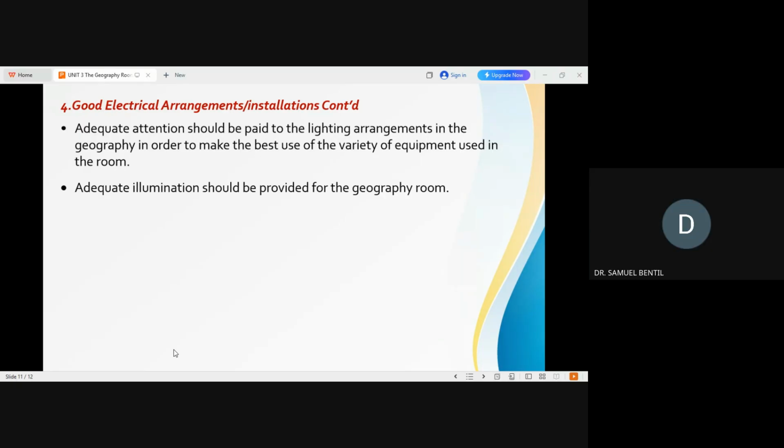Then we also have a geography room as a lab, just like the science, the chemistry lab and all those things. The fact that they don't have the complete lab, or don't have the lab, does not mean there's no science class. There is, but it would be more beneficial if we had them.